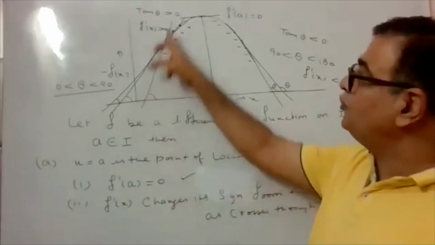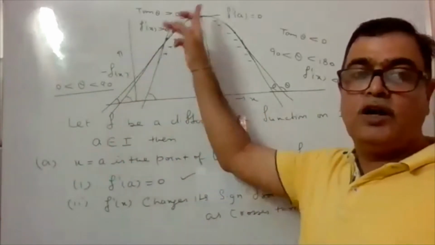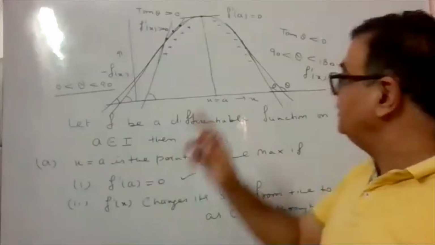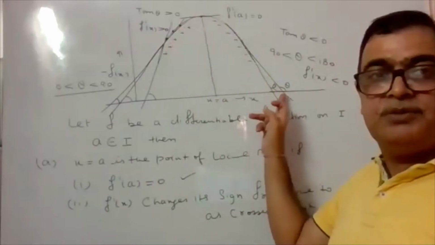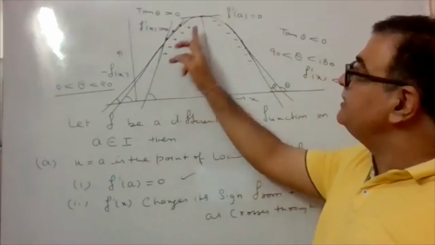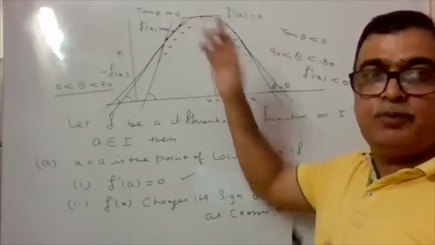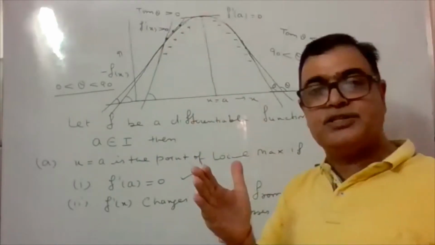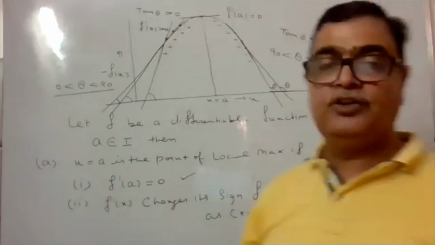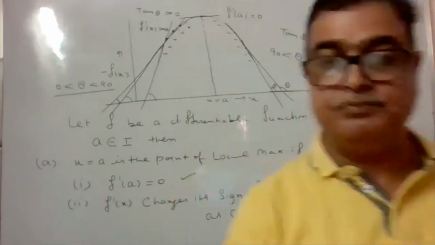If you draw the tangents on this side, all of them make acute angles. Here all the tangents make obtuse angles. So that means at this point it is 0, and it changes from positive to negative. So this is a critical point where dy by dx changes from positive to negative. It is called a point of local maximum.